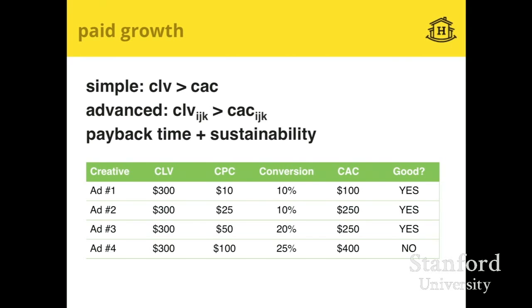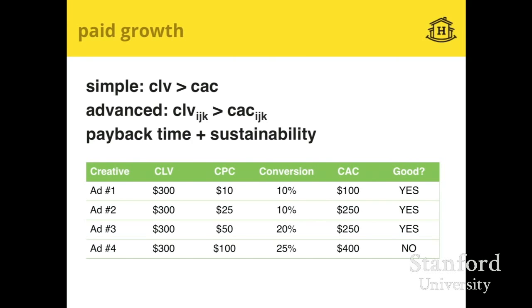The correct way to think about paid growth is that you're going to risk putting money out there. What are you going to get in return? The simple way to think about it is your CLV, your customer lifetime value, the net revenue that your customer returns back to you: is it more than your CAC? And CAC is an abbreviation for customer acquisition cost.